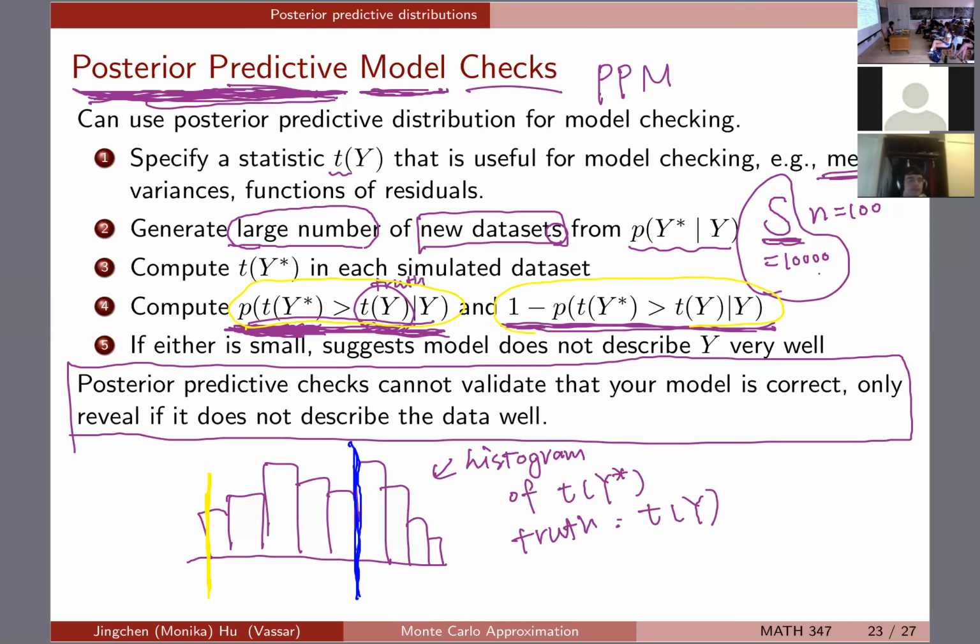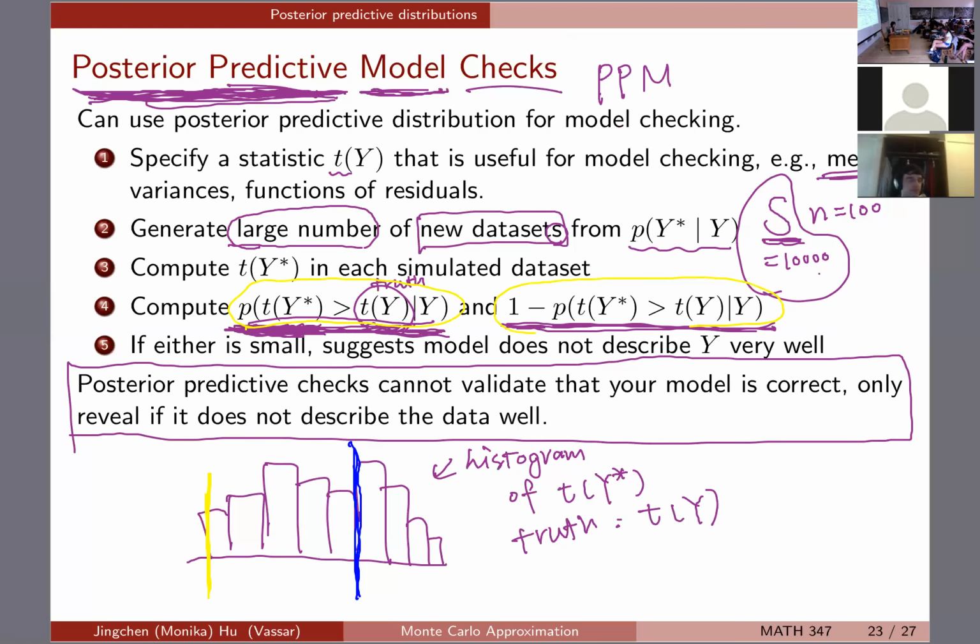A similar question is, if things are not looking good, which part went wrong? Because the posterior predictive has so many factors in it, it might be a really hard question to answer. It might be that the prior is bad, or maybe you shouldn't use the exponential distribution, or the estimation procedure is not really good, so you're not doing a good job.